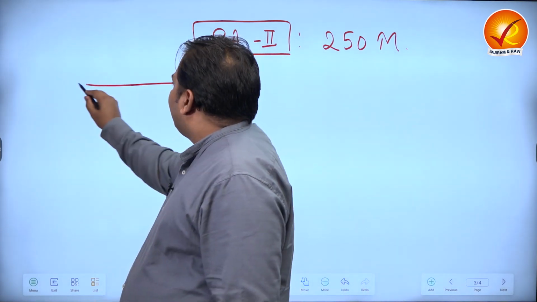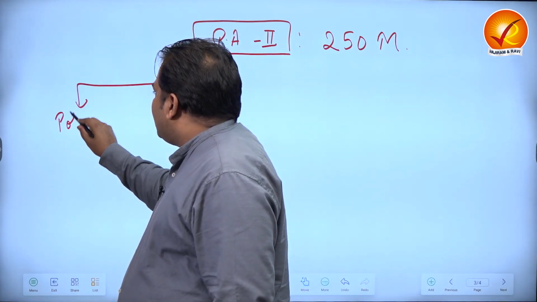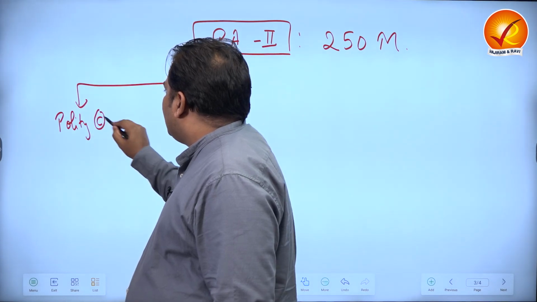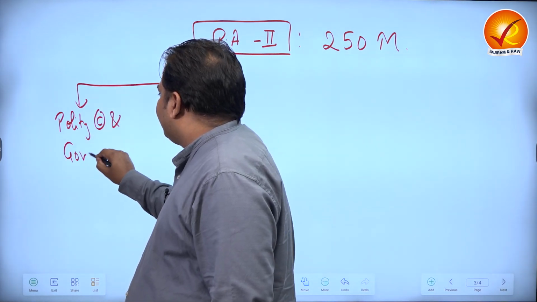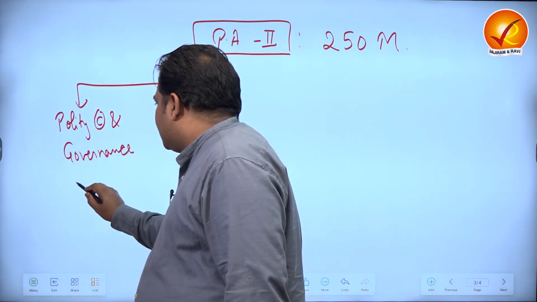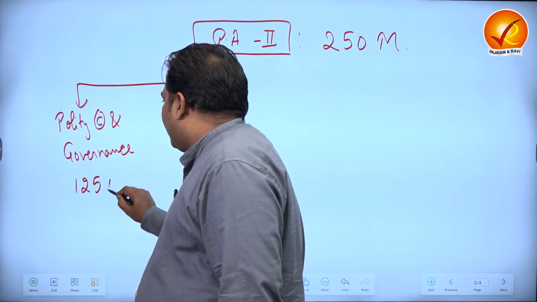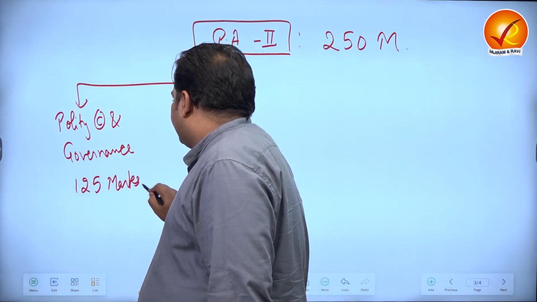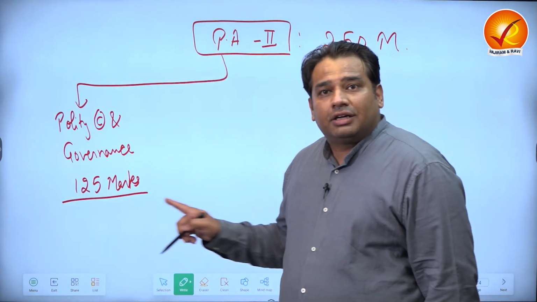and this overlapping, if I find polity, constitution and governance, the weightage will be in this case around 125 marks. That is the logic.